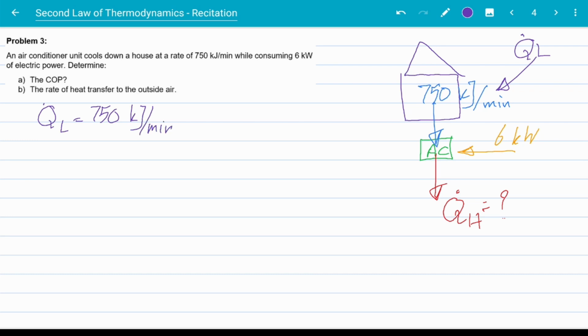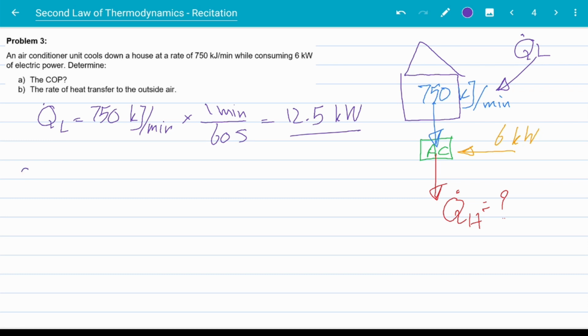I want to change that to per seconds, so I'm going to multiply this by 1 minute over 60 seconds, which gives us 12.5 kilowatts. Okay, now this is a unit that I'm comfortable working with.